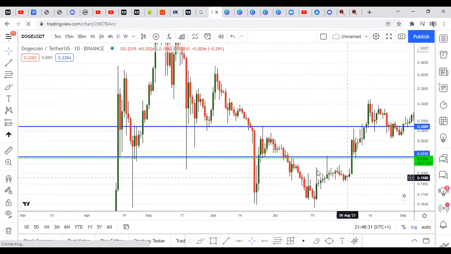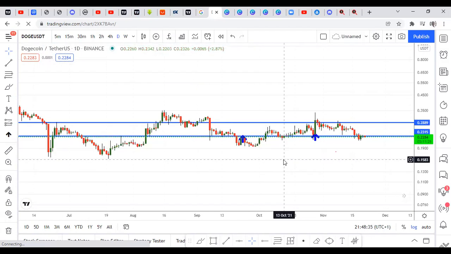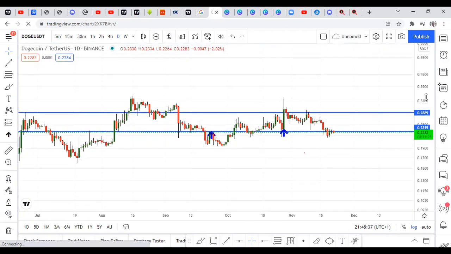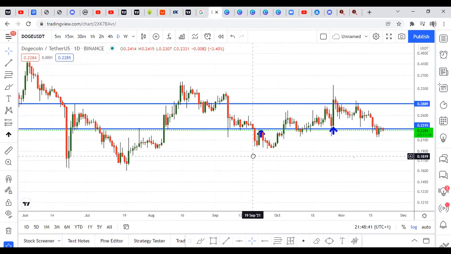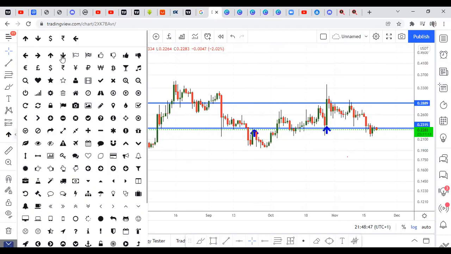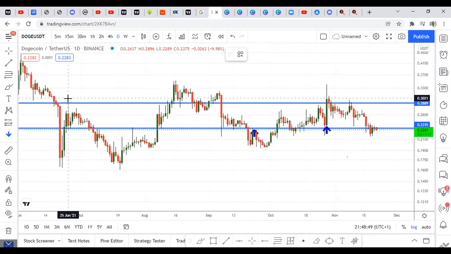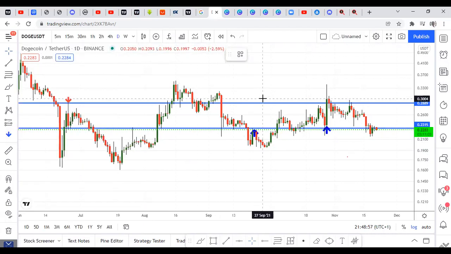This market has been going down for some time. Can you see that price keeps respecting this zone? Can you see that?